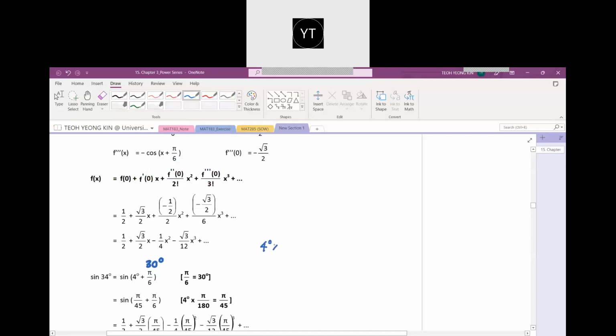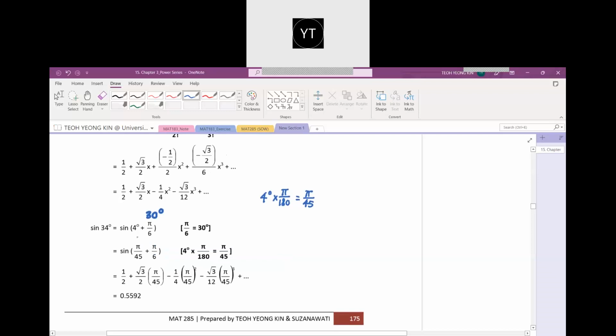If you need to change to radians, times pi, divide by 180. By using your calculator, 4 over 180 is 1 over 45, which is pi over 45. That's why we have pi over 45 here. This is how we change.